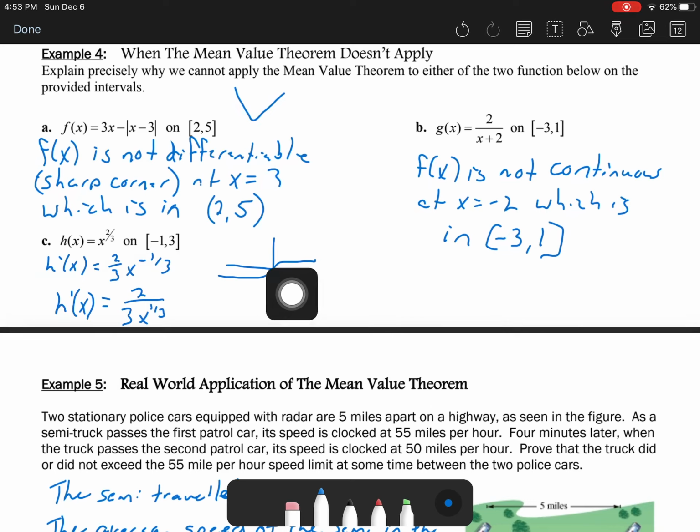And really, in this graph, the way we see that is a vertical tangent line, because the slope of a vertical line is undefined, right? And that's what we're seeing here. Okay, so we're going to say that h of x is not differentiable at x equals 0. So it's either going to be not continuous or not differentiable.